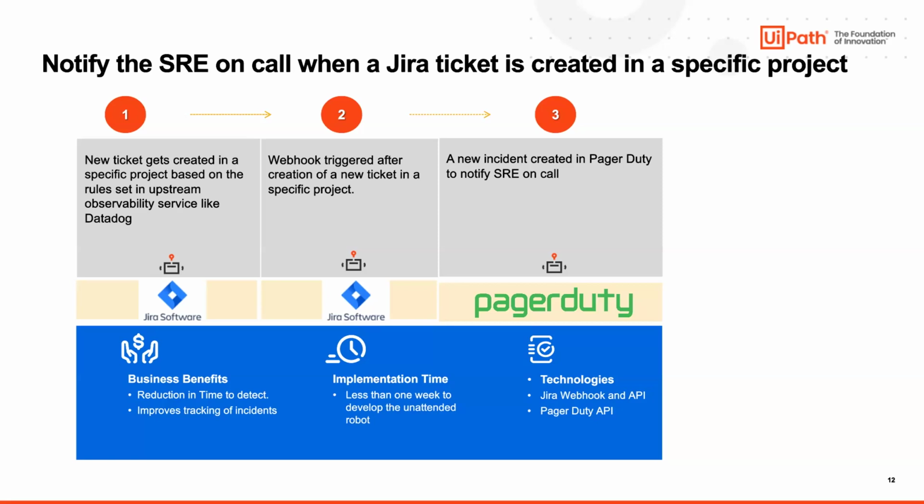So the moment a ticket is created in a specific project in Jira, there will be a webhook, which we'll be looking at, that is configured to make sure that the event gets triggered, and that event would ideally create a new incident in PagerDuty, and then the SRE on call, who is configured within PagerDuty, will get notified that there has been an incident, and then they can quickly look at what is happening.